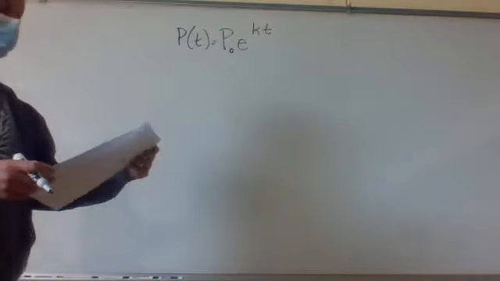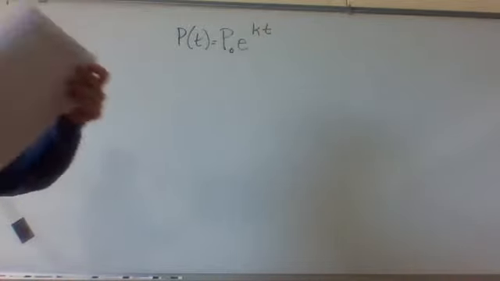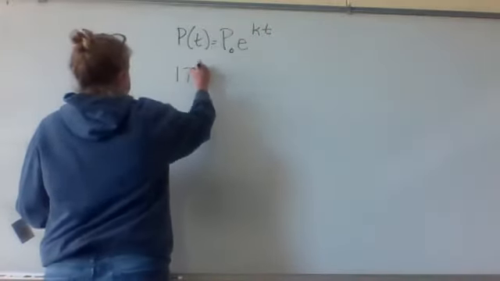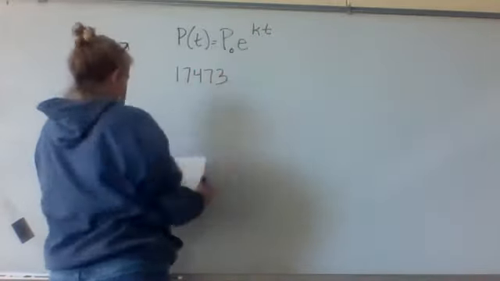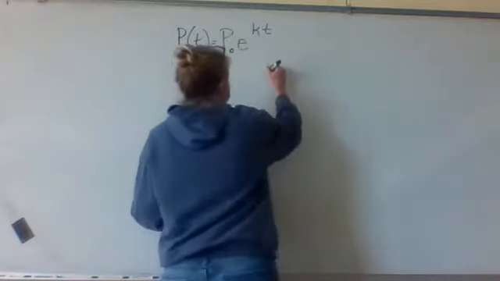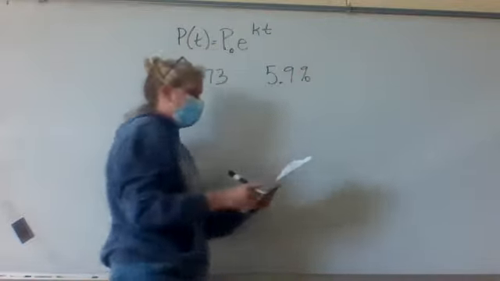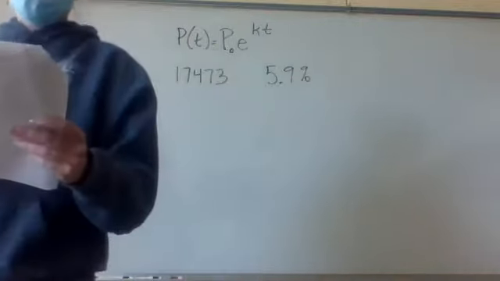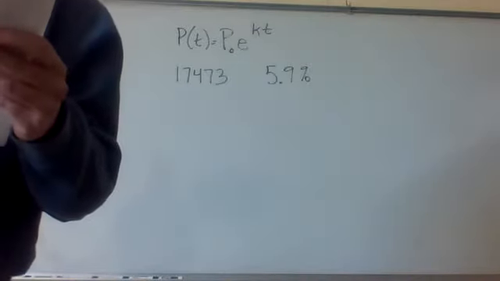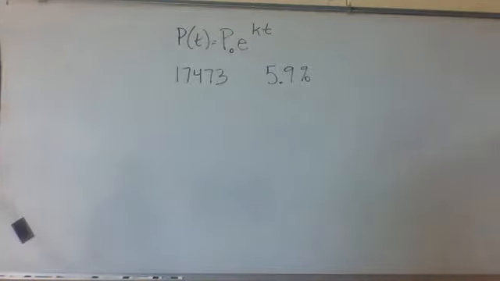So let's see what information it gives me. It says, suppose that $17,473 is invested at an interest rate of 5.9% per year and compounded continuously. Find the exponential function that describes the amount in the account after time t in years.